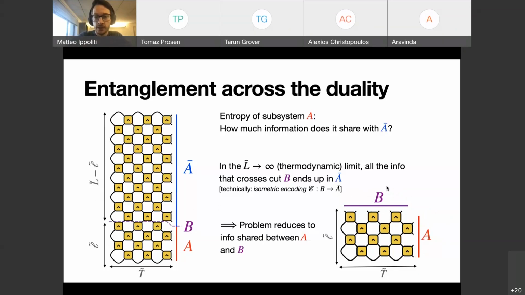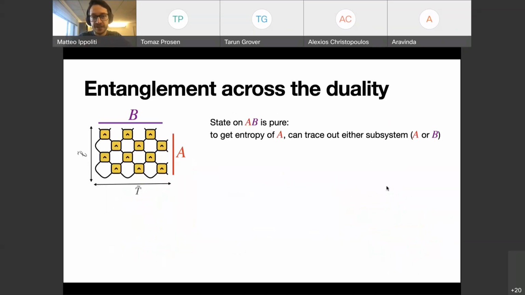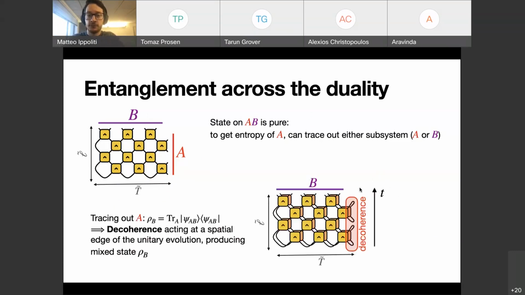Okay. And now, because this is a pure state, we want to get the entropy of A, but we can choose to trace out either subsystem. It doesn't matter, because it's a pure state, the entropy of some of the qubits is going to be equal to the entropy of the complement. So we choose for convenience to trace out A instead of B, right?